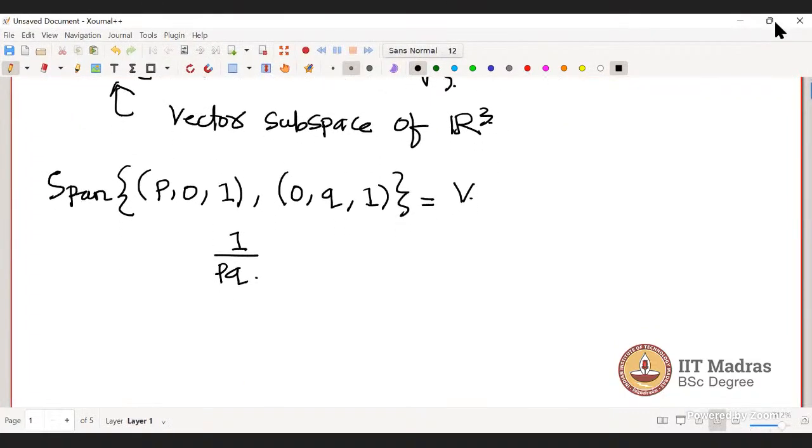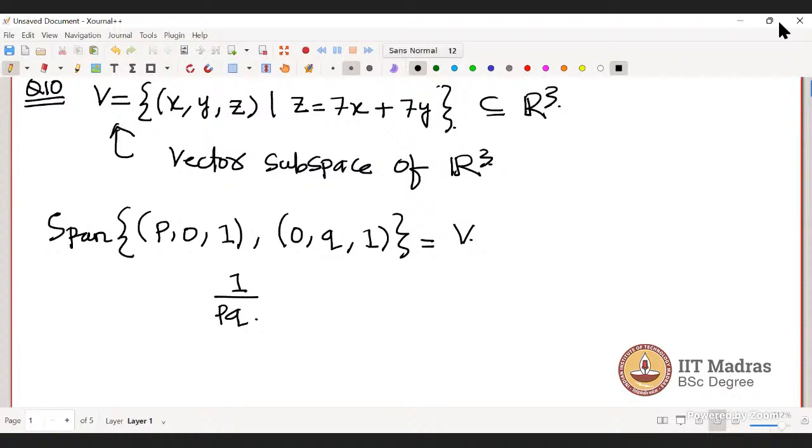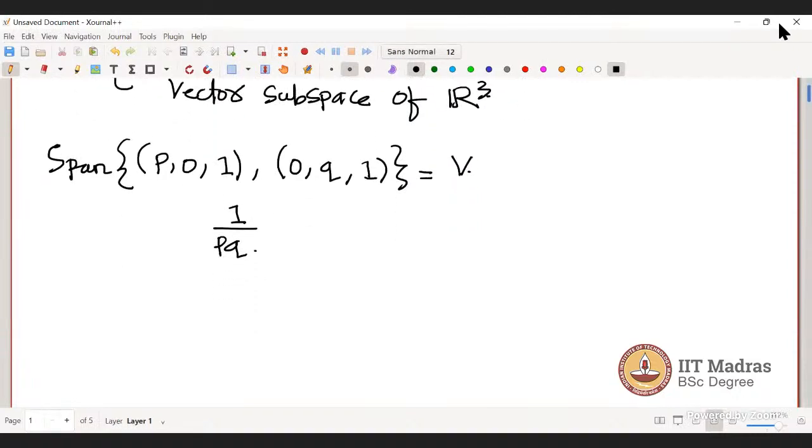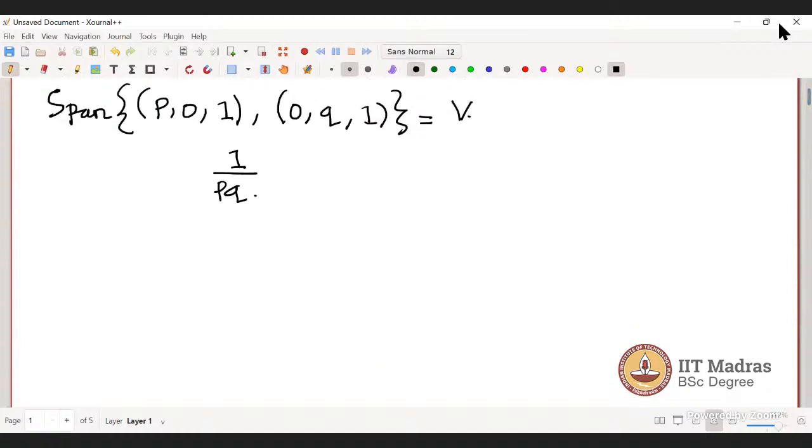One question, sir. What is meant by span of these two vectors being V? Span is basically the set of all linear combinations of the elements. So let me discuss what you mean by span, and then I'll come to this question.